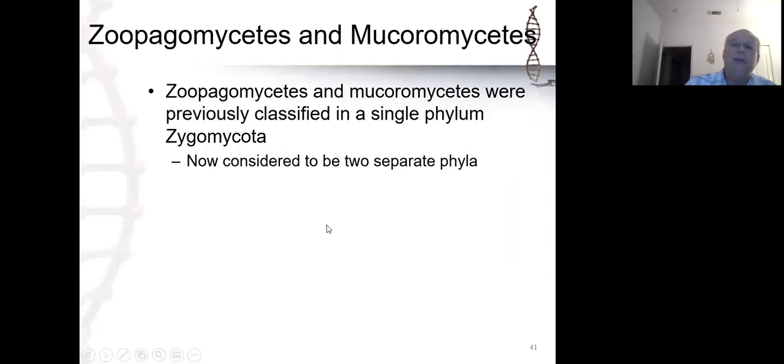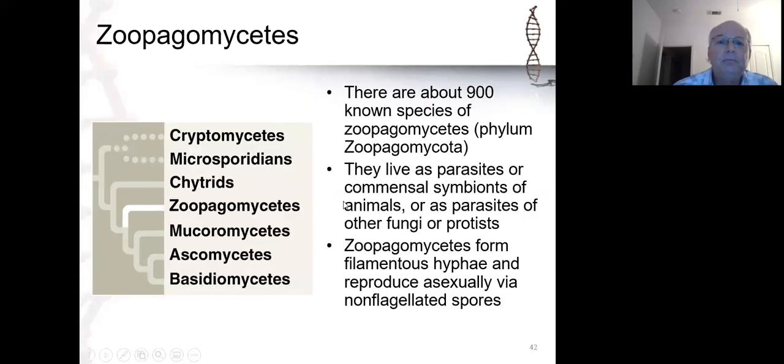Then we have the two clades that are now considered to be two separate phyla that are derived from the old phylum Zygomycota. These are the Zoopagomycota or Zoopagomycetes, and the Mucoromycota or Mucoromycetes. So the Zoopagomycota represent a clade of around 900 species.